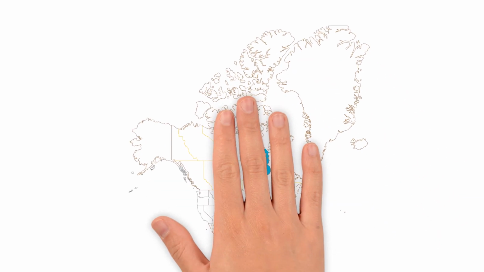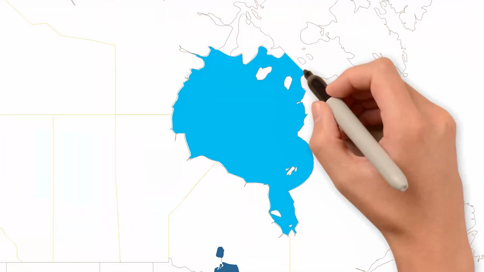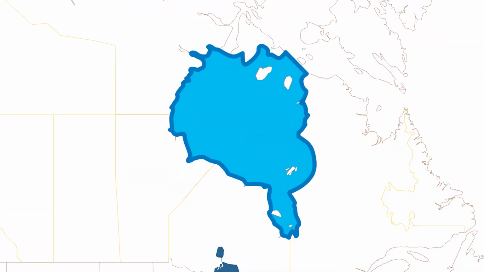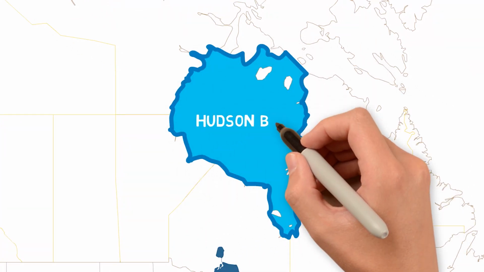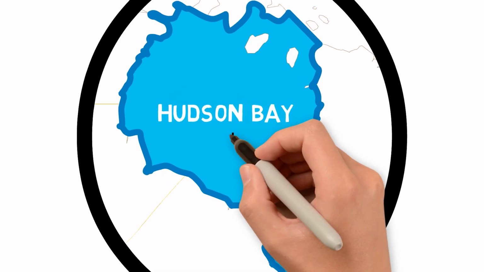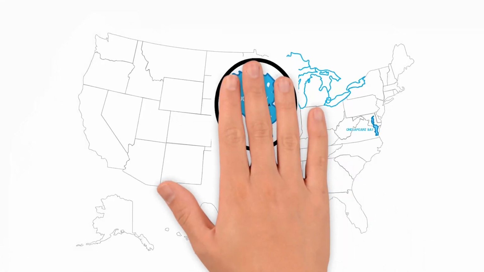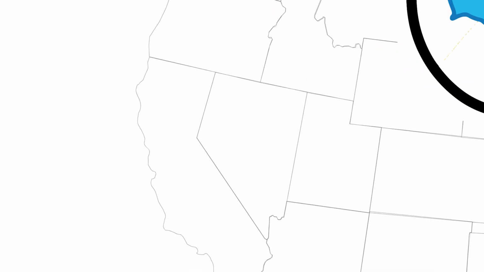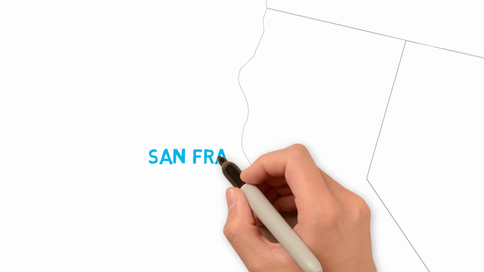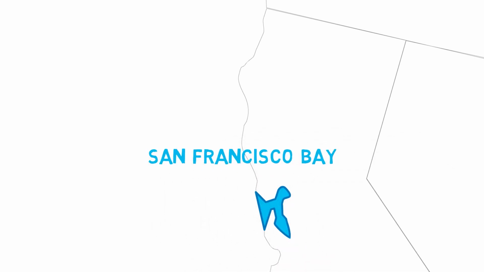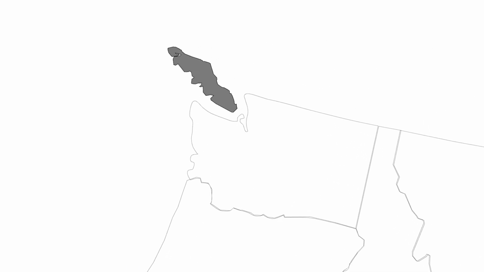Next, we head north into Canada to this very large body of water called Hudson Bay. Third, we go west to California State to the San Francisco Bay. Going north now for our fourth stop at Puget Sound.